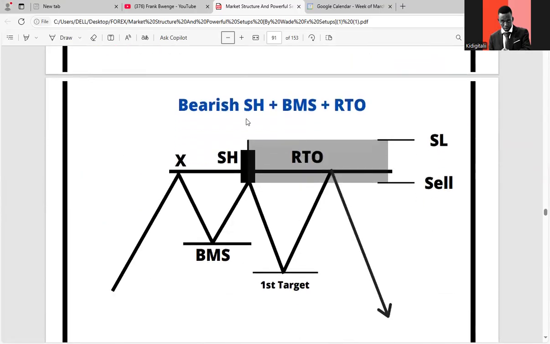Bearish stop hunt, BMS and RTO. You can see the market here was going upward. Then you could see that high was broken so that stop hunting could take place. That means they had to take some stop losses above. And what happened? The market came down and it broke that BMS level. And we had to wait for the RTO, the return to the order block above, to take our sell trade.